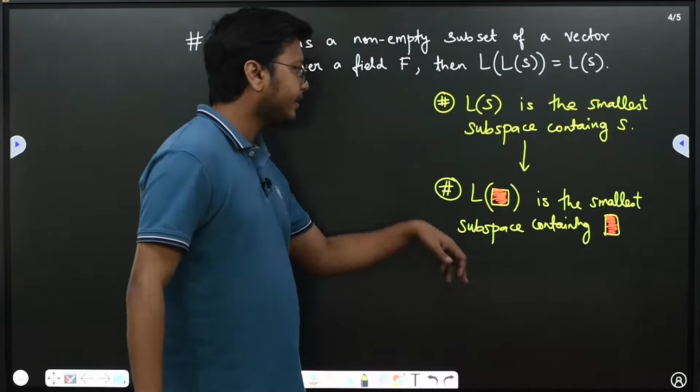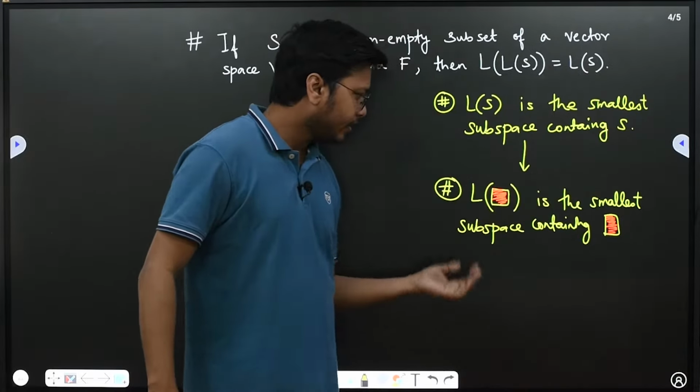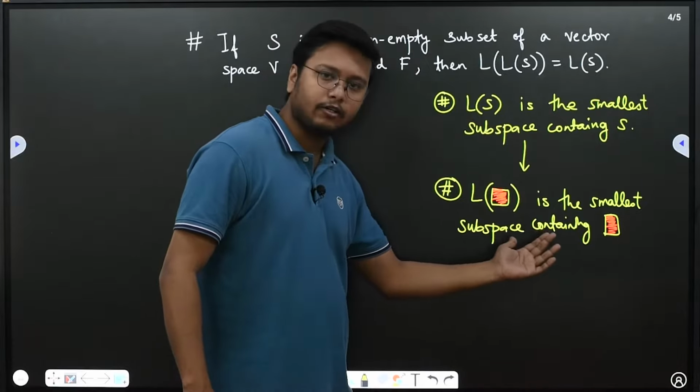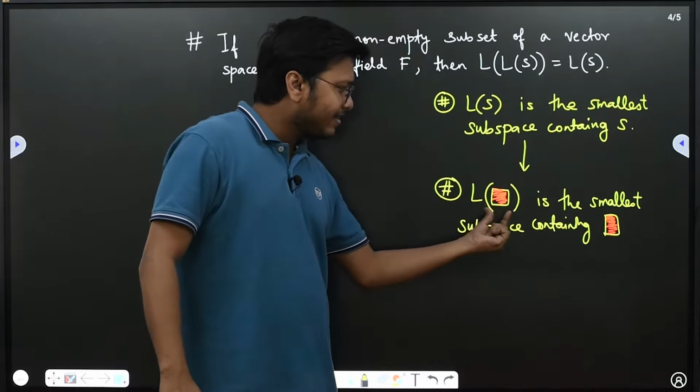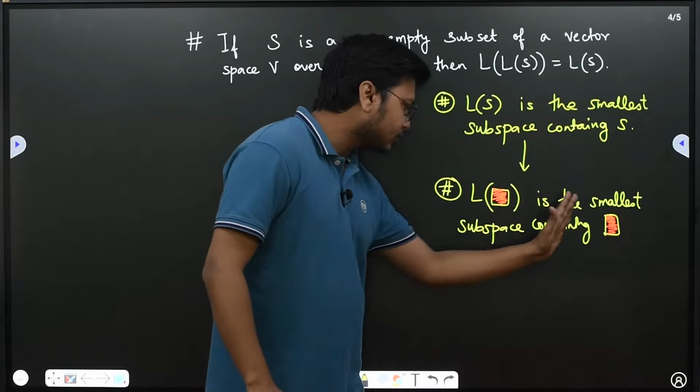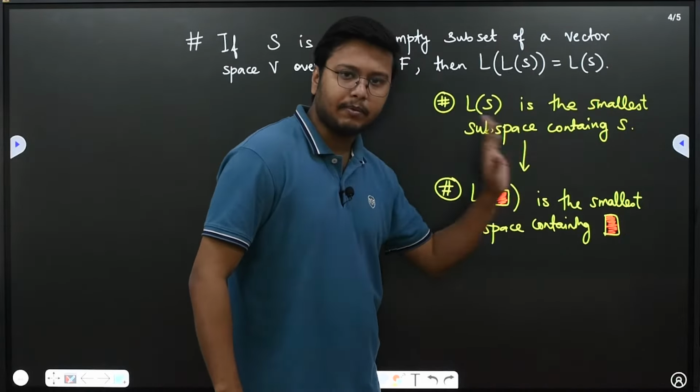So you can relate the line that I have written here with the generalized format I am writing over here: L of anything, any box, in this case any set, is the smallest subspace containing that particular box.